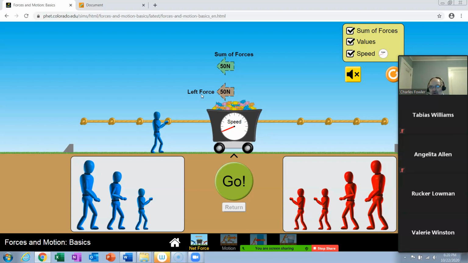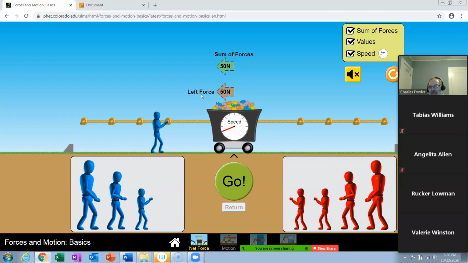Record the motion of the cart. Now, that's going to take some effort on your part. Here's what you're going to be looking at. Of course, which direction it's going, we've already answered that, it's to the left. But look at the speed.